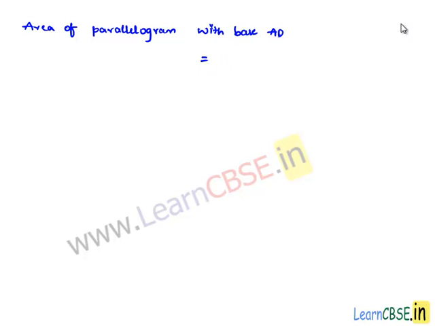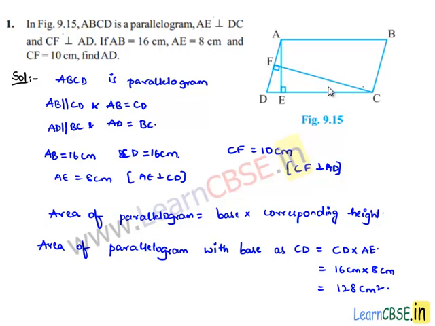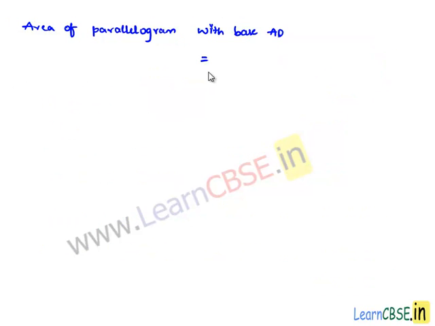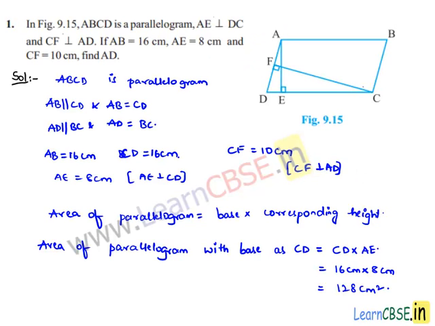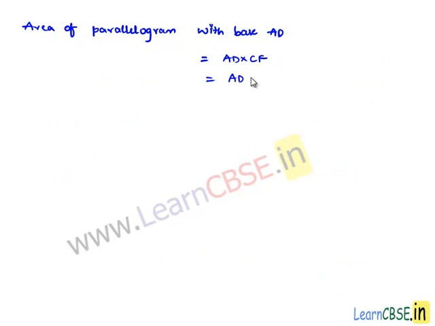That will be equal to, here the base is AD and the corresponding height is CF, that is AD, whose value we need to find, into CF, which is given as 10 centimeters.